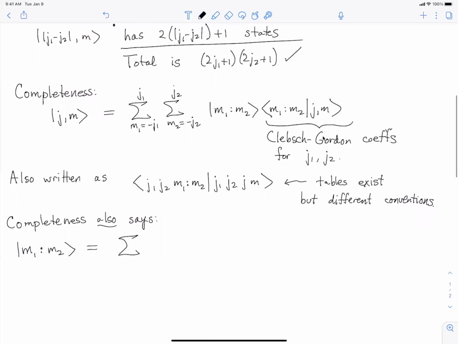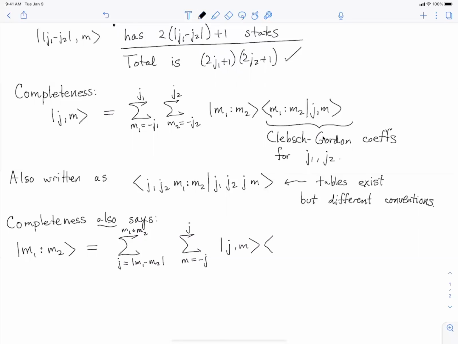So now we're going to sum J from the smallest possible value it can have, which is the absolute value of j1 minus j2, up to the largest value it can have, which is j1 plus j2. And for each of those J's, we sum M from the smallest value it can have, which is minus J, up to the largest value it can have, which is J. Okay, so we're writing a linear combination of total angular momentum states.